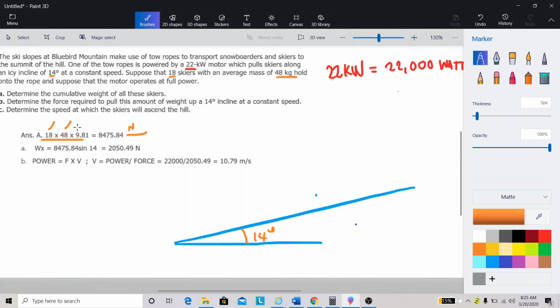Simply 18 times 48 times 9.81, you will get 8,475.84 newtons.